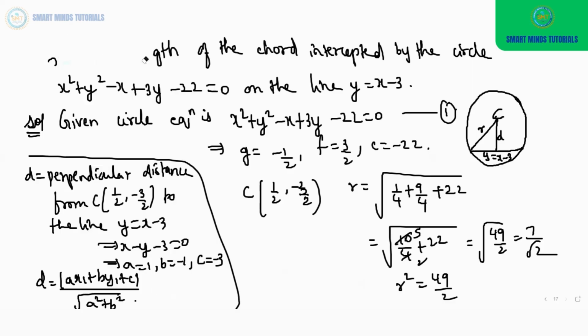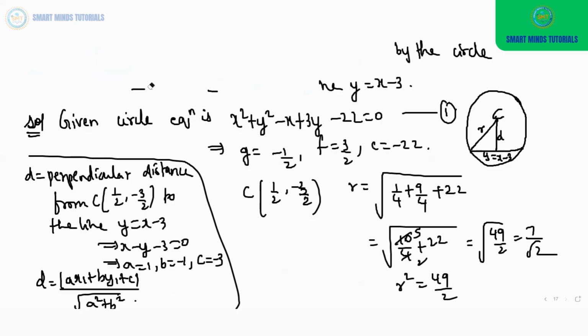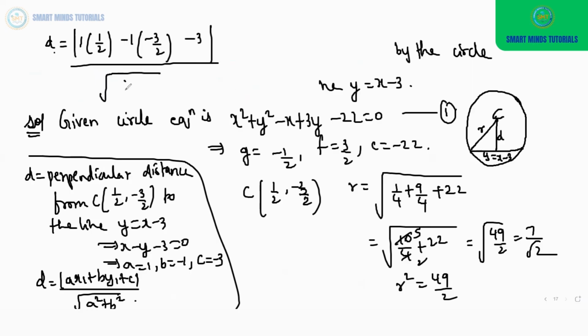Shall I erase the question? So d is equal to a is 1, x1 is 1 by 2, b is minus 1, y1 is minus 3 by 2, c is minus 3, by root of a square plus b square, 1 plus 1. 1 by 2 plus 3 by 2 minus 3 by root 2. 1 by 2 plus 3 by 2 is 2, 2 minus 3 is 1. 1 by root 2 is d.